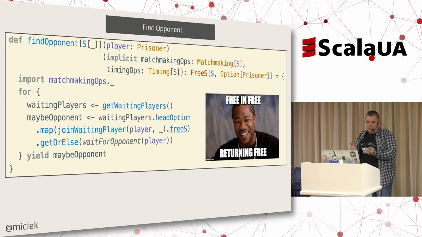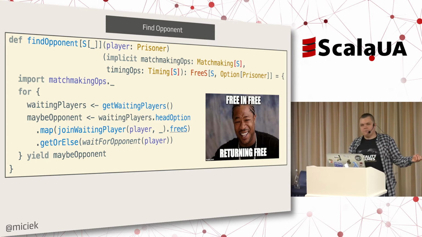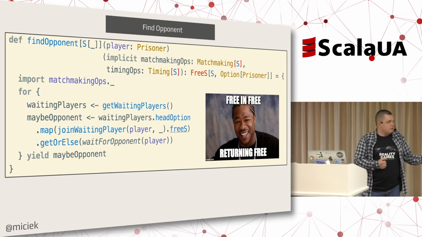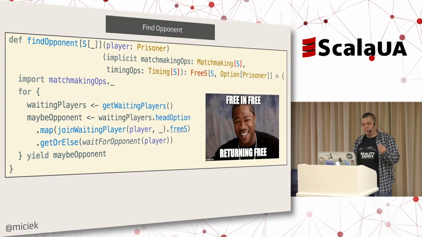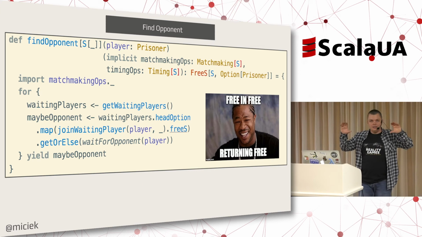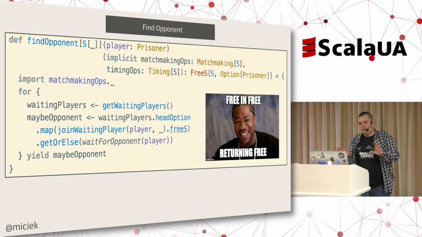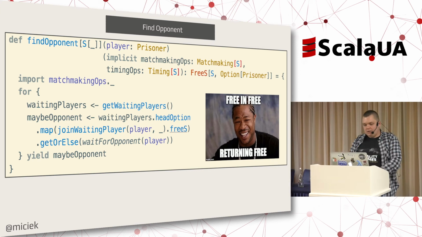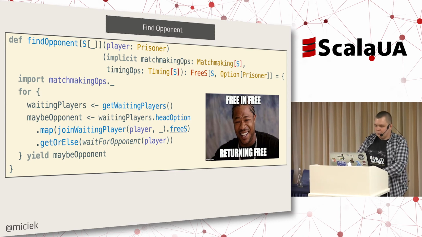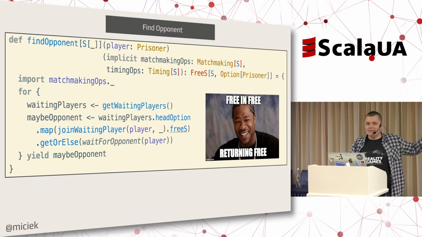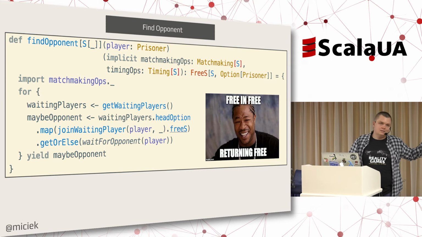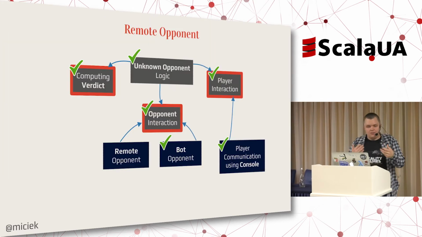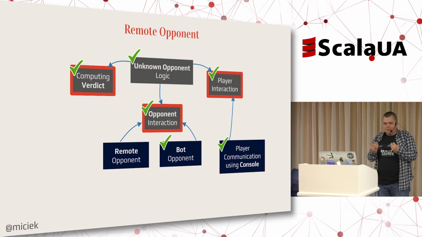Of course, all those functions return free, so we have free in free, returning some free. So this is the semantic level, right? Again, just the algorithm without technical things, and the compiler will guide us to do the right thing. And we can test the algorithm without creating any servers, and so on and so forth. So this is the kind of thing that we did.